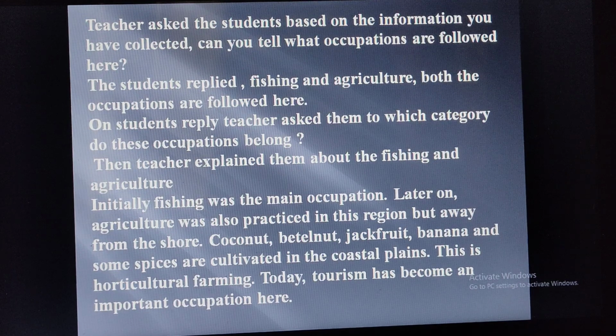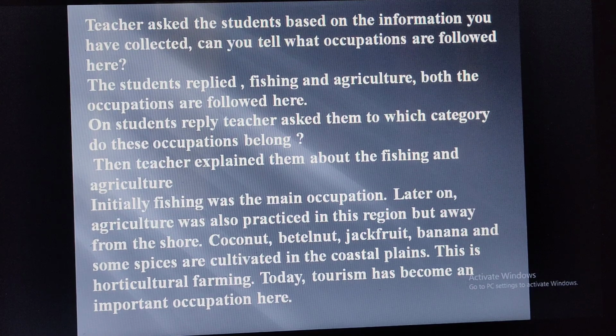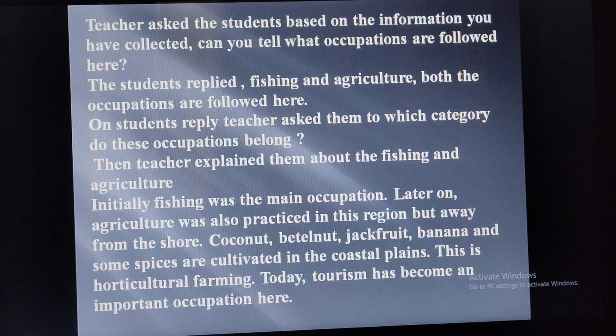After that, the teacher asked the students that based on the information they have collected, can they tell what occupations are followed in this area? The students replied that fishing and agriculture are both followed in this area. On the students' reply, the teacher asked them to which category this occupation belongs. After that, the teacher started explaining about fishing and agriculture: initially fishing was the main occupation in this area.